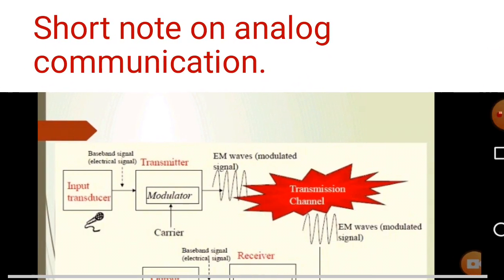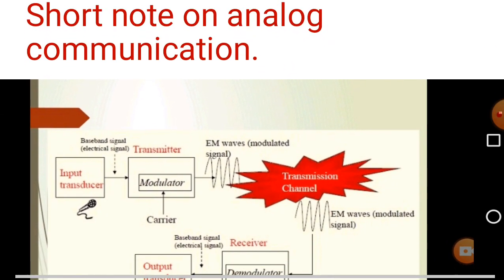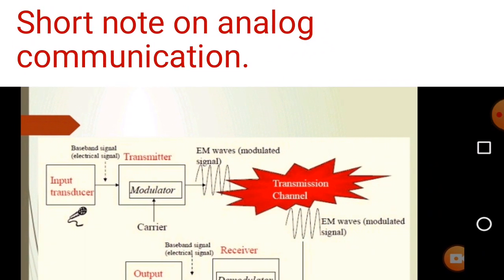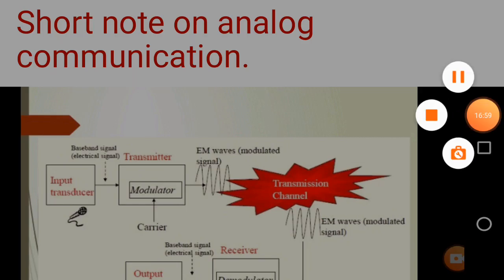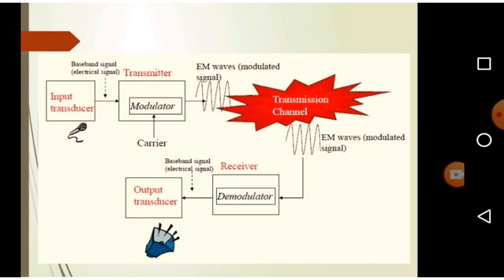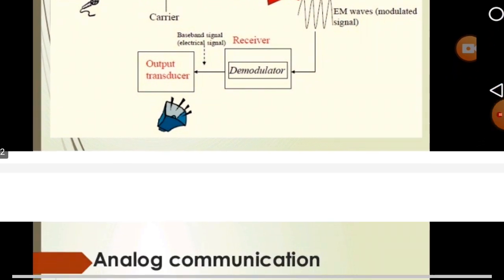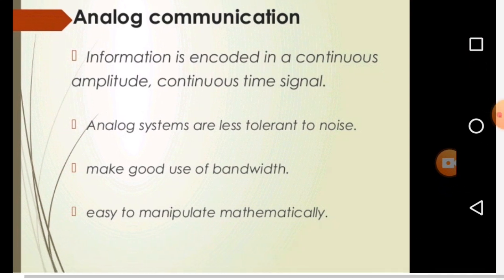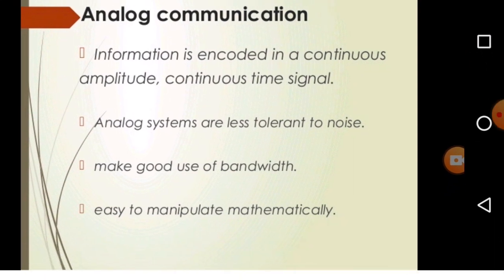Next question is a short note on analog communication. So this is the main block diagram of analog. It consists of a transducer, transmitter, that is modulator at the transmitter side, at the receiver side demodulator and output transducer. Information is encoded in a continuous amplitude, continuous time signal.